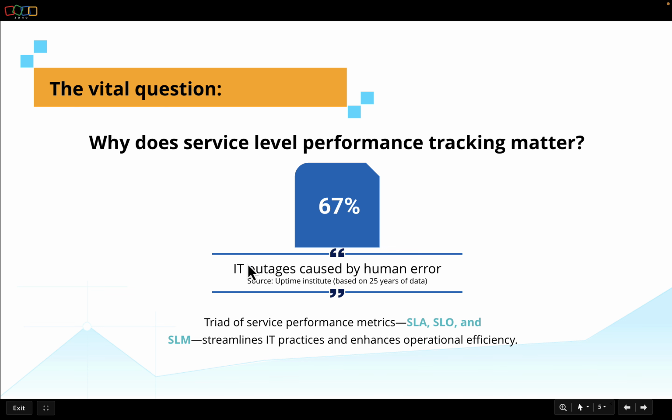In today's intricate IT ecosystem, service level performance tracking acts as a sophisticated diagnostic system. Rooted in Google's Site Reliability Engineering or SRE principles and the ITIL process framework, the triad of service performance metrics, SLAs, that is service level agreements, SLOs, that is service level objectives, and SLMs, that is service level management, streamlines IT practices and enhances operational efficiency.